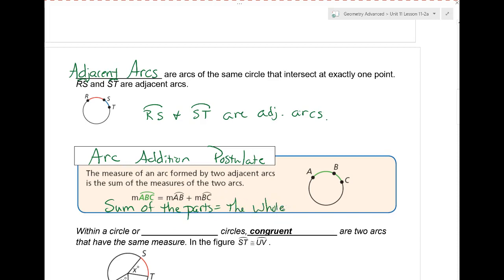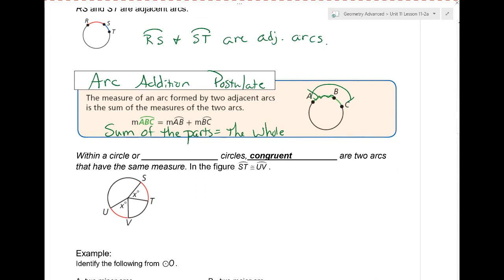Now look what they're saying here. They're saying, okay, arc AB plus arc BC add up to arc ABC. So the 2 smaller ones add up to the bigger one. Common sense, anyone? Could I use the fact that all the arcs of a circle all the way around should add up to 360 maybe? Yeah, all those type of things are really, really helpful.